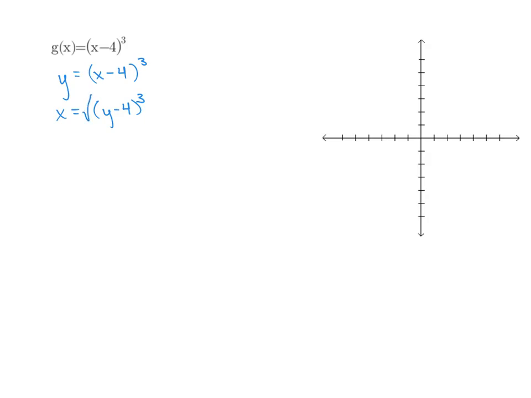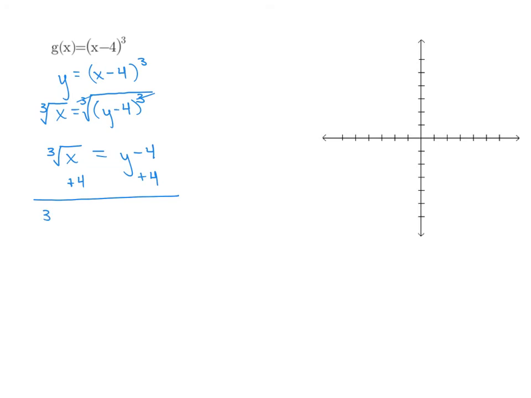So my first step is I want to take the cube root of both sides. We get the cube root of x equals y minus 4. And then I'm going to add 4 to both sides.